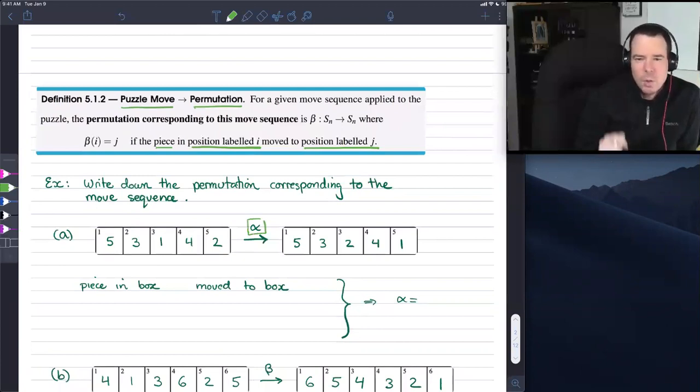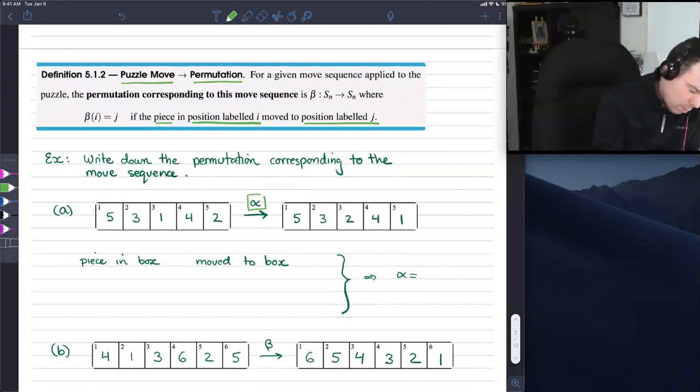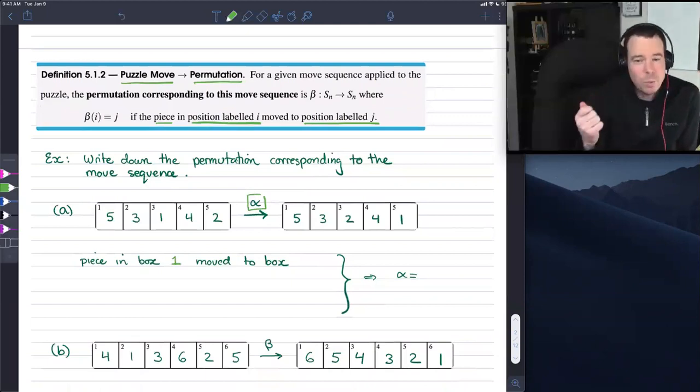In other words, which boxes had the pieces being moved in? So I'm only interested now in from what box to what box did a piece move. So the piece that was originally in box 1 has now moved to where? So think carefully about this. The piece that was in box 1, which box is it now in?